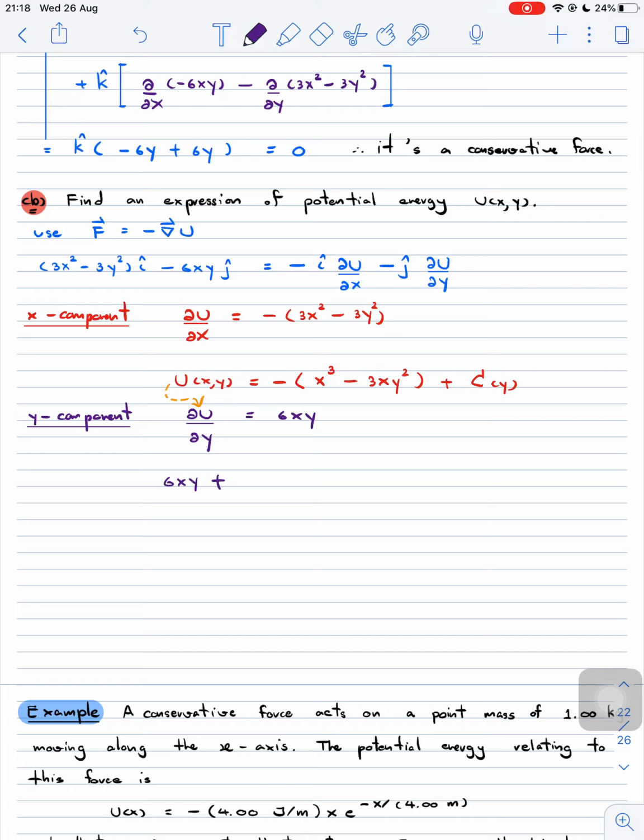And then plus, okay, so now for this term, we have the function c, which depends only on y. Then there's going to be dc by dy, right? So you see, right now we just use the derivative because this function just depends on y. Okay, and then equal to the right hand side, which is 6xy.